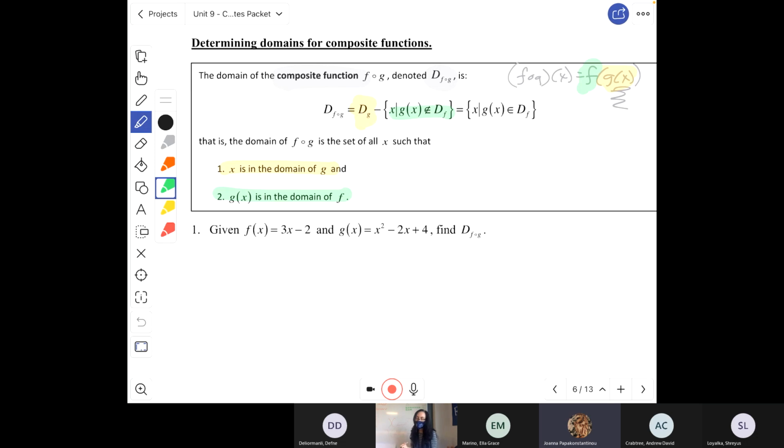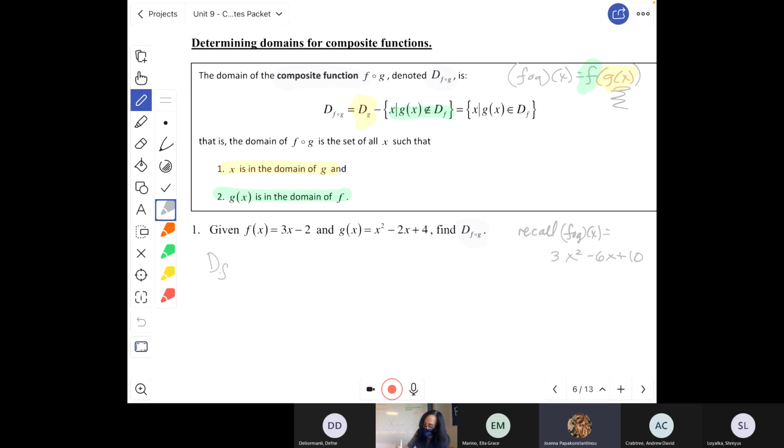So if I have these 2 original functions we've been working with forever, and you are asked to find the domain of the composition, we can recall what we just did: the function f of g was 3x squared minus 6x plus 10, which is just a quadratic function. There's a couple of ways we can look at it. I like to start with everything and then start subtracting things.